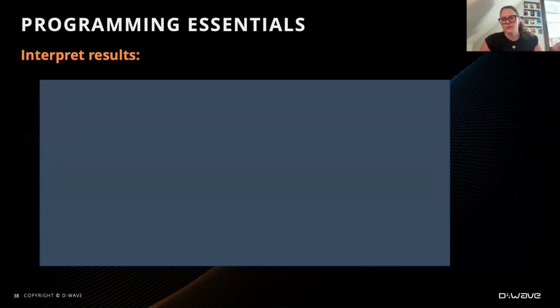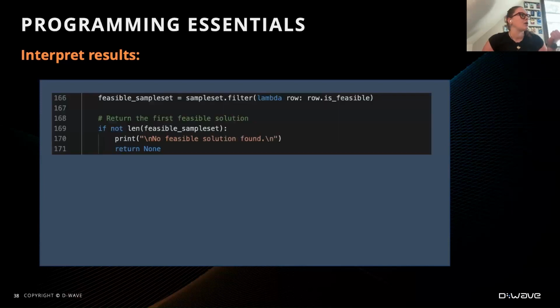So we need to interpret the results. This is the last step that we have. So to interpret the results, there's a couple of common things that we can do. One of them is to look at feasible solutions. So a feasible solution is a solution that satisfies all of the constraints that we set out.